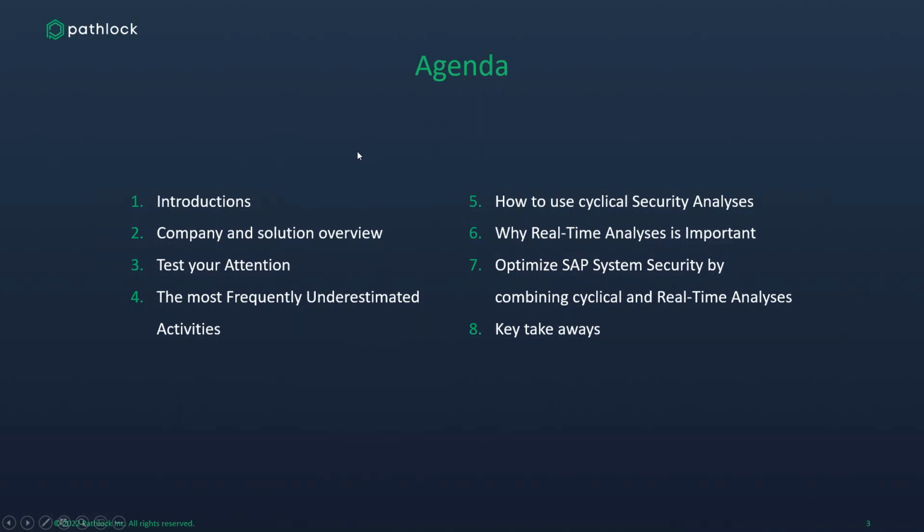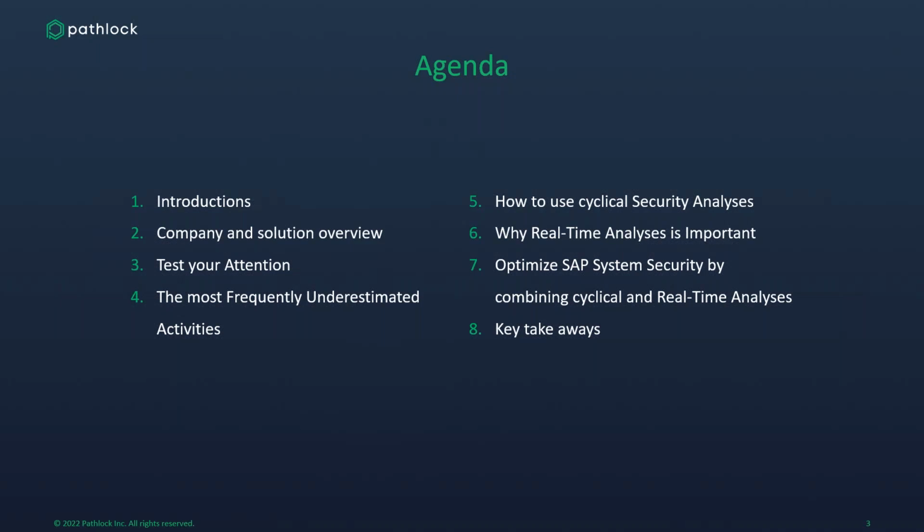Okay, now let's start. First of all, a little bit with the agenda. My name is Ralph Kemp, and I've been working in the SAP business for more than 25 years, so I have a lot of experience. I will give a short introduction, then a company overview, a short game to test your attention, then talk a little bit about the most frequently underestimated activities, how to use the cyclic security analysis of our vulnerability scan engine in combination with real-time threat detection.